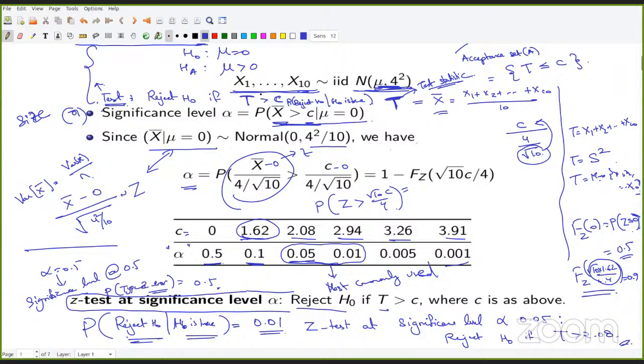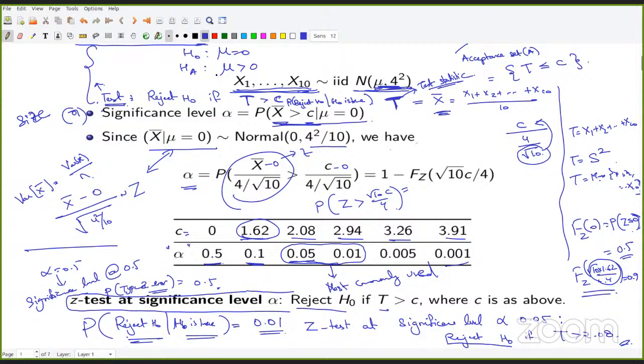What we do is we take 10 samples and compute the sample mean, and if your sample mean is greater than 2.08, maybe you got 2.5 or 2.9, we simply say mu is not 0, mu is actually greater than 0.